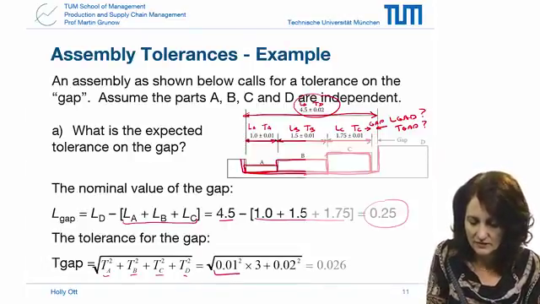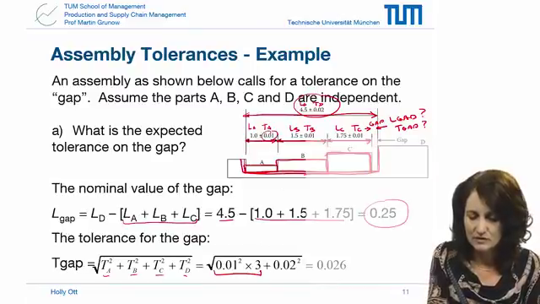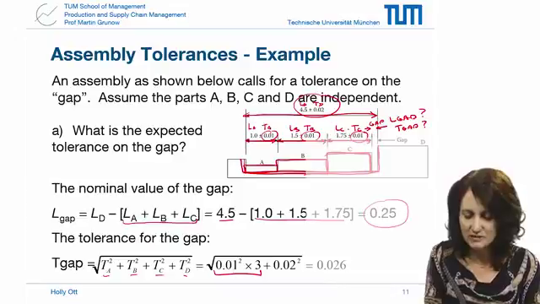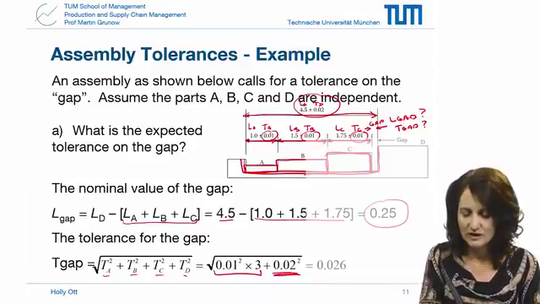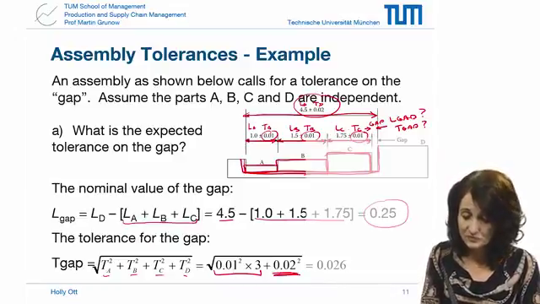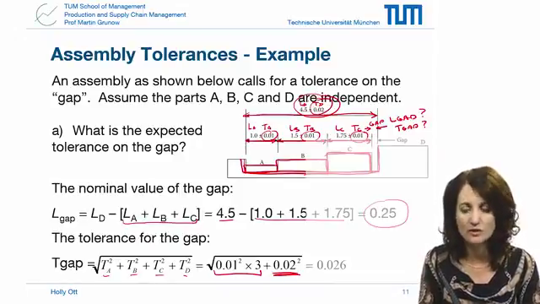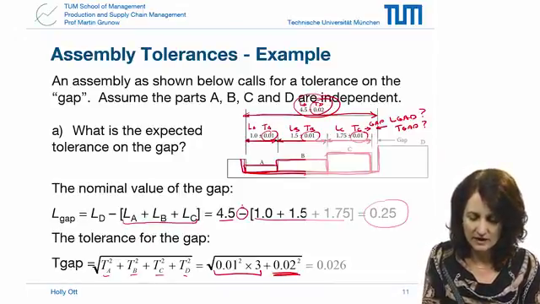So what we have here is 3 times 0.01 squared, for the tolerances of A, B, and C, because they're all the same, plus the squared value 0.02 of the tolerance for D. So again, we have to sum them, even though here they're subtracted.